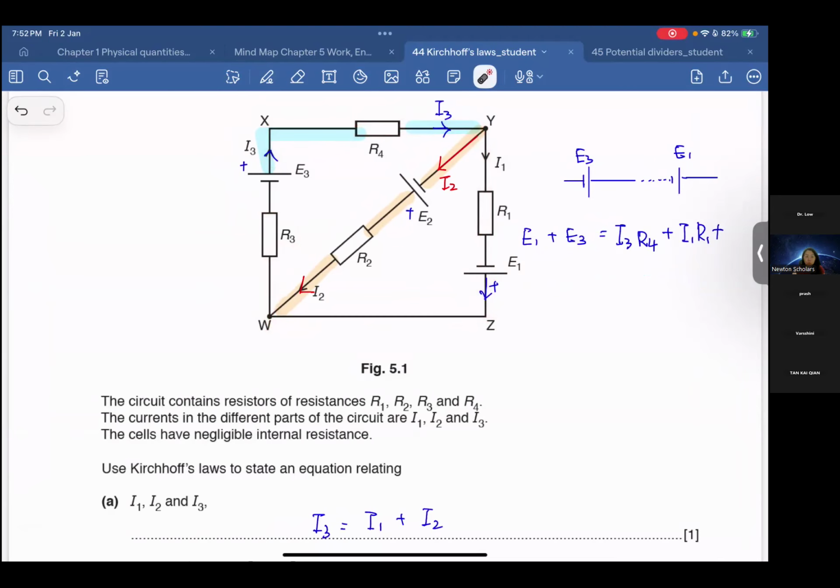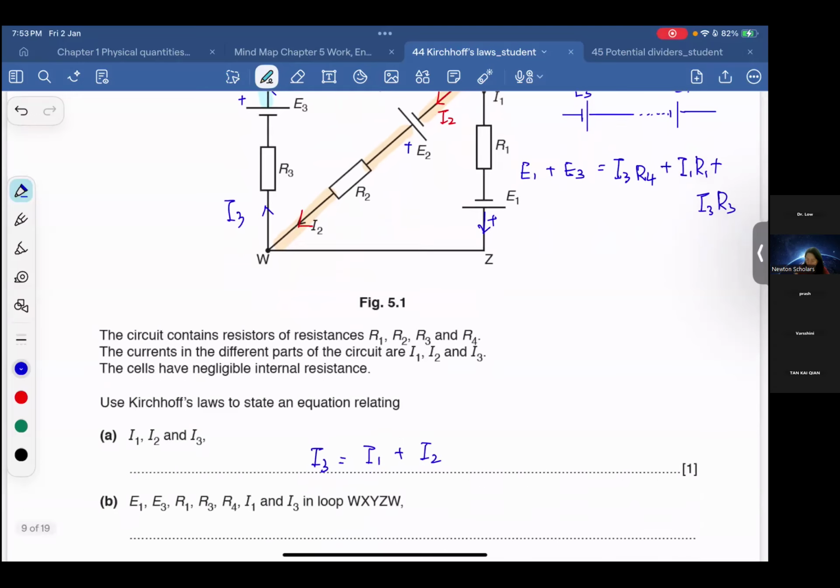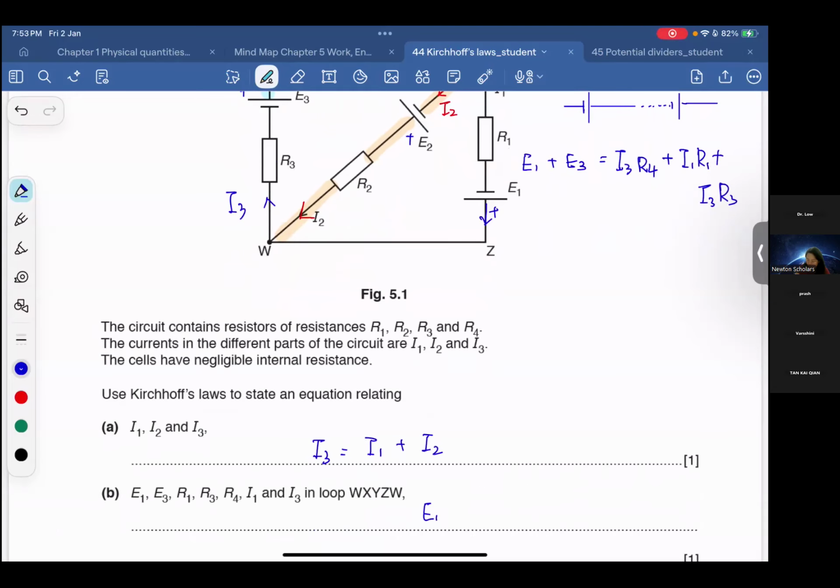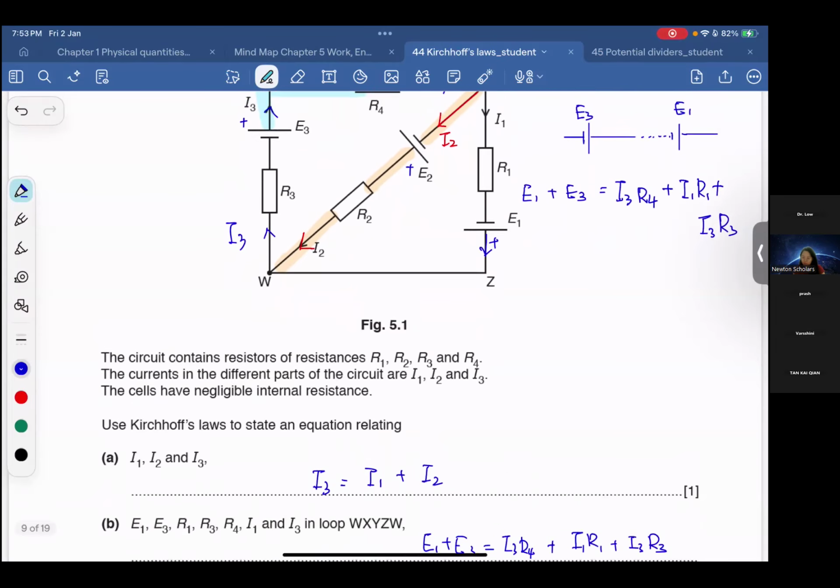What is the current flowing through R3? This one is I3, here I3 and here also I3. So we label this I3. Plus I3 R3. This is the answer for B. I write it here again: E1 plus E3 equals I3 R4 plus I1 R1 plus I3 R3.